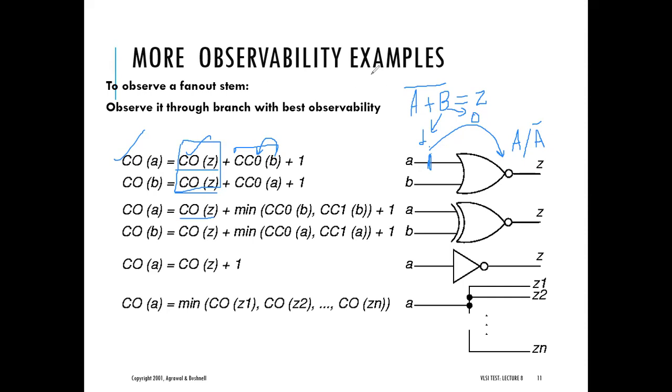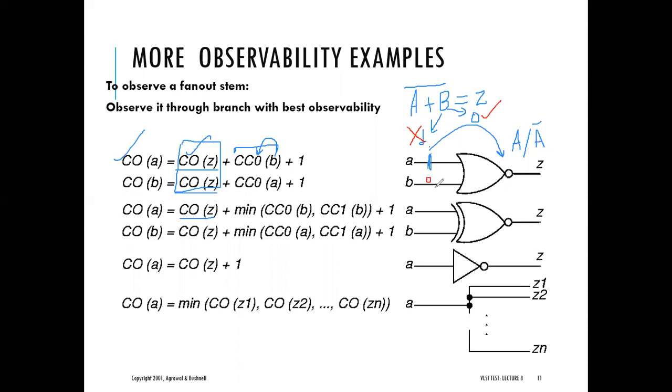Have you got my point? If you keep b as 1, then you will get z equal to 0. That means you are not getting A or A complement in the output. So you cannot put b equal to 1. The only choice left is to keep b equal to 0.